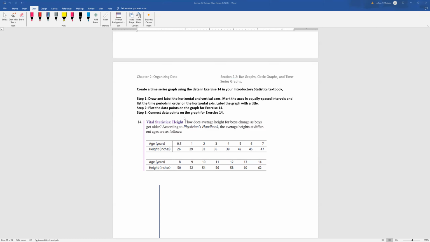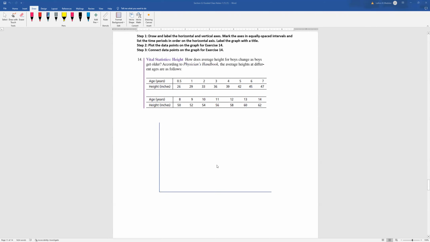I didn't quite equally space it, but we're going to do it the way we said we should: equally space it. So we're going to have 0, 1 through 14 as our time at the bottom for the years, and then we'll have to plot the point for 6 months, or 0.5 of a year, in between. The height is in inches, so those are going to be our vertical axis points.